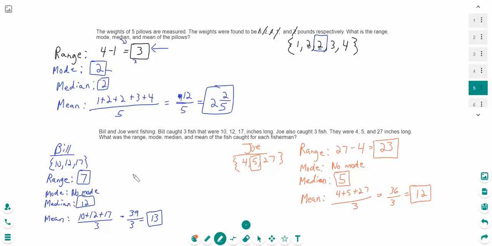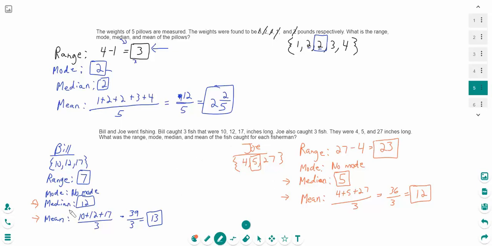So if we're looking at these 2 sets, we might say that because of the range, this median and this mean are probably going to be a little more accurate in describing Bill's performance than this median and this mean would describe Joe's, just because his range is so big. All right. So based upon that, let's keep going.